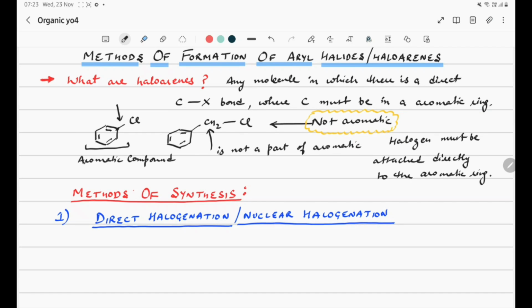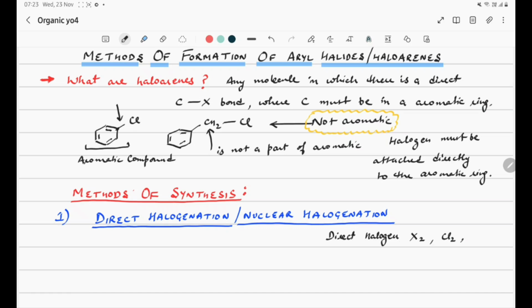Moving on to the various methods of synthesis, the first method is direct halogenation or nuclear halogenation. In this method, a halogen is reacted directly with the aromatic compound.